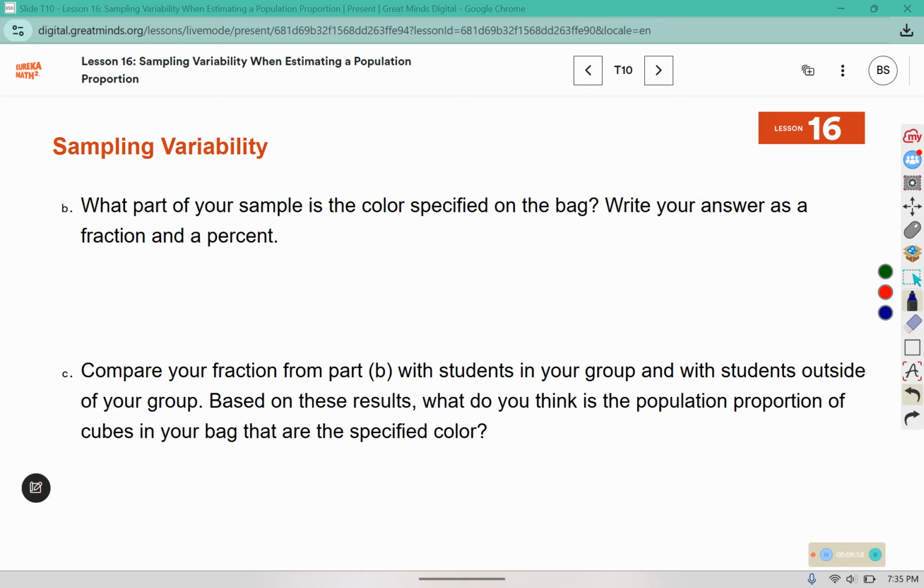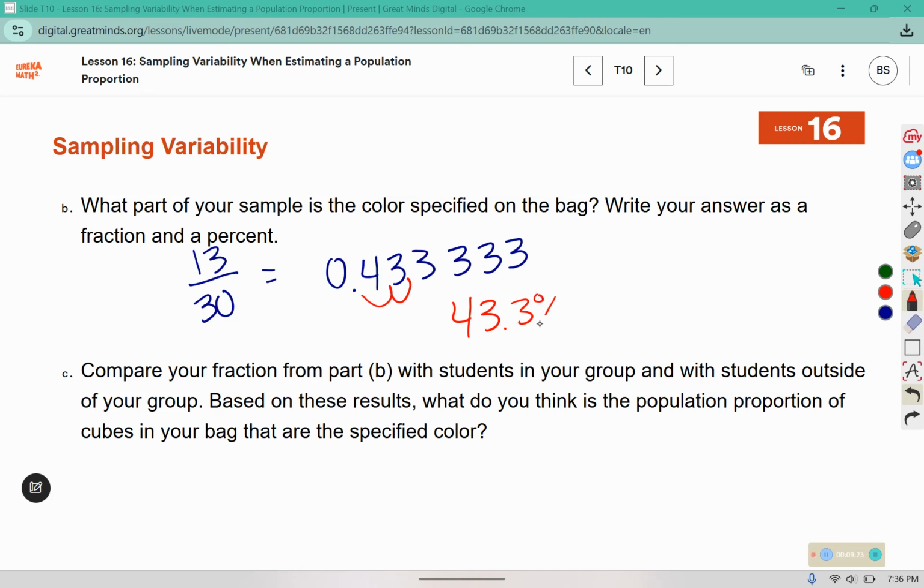And it says to write our answer as a fraction and as a percent. 13 divided by 30, we can get the decimal version, which is 0.43 repeating. To turn that into a percent, we can move the decimal 2 spots, which would be 43.3 repeating percent. For the sake of our class, we rounded to the nearest whole number, saying that this was about 43%.